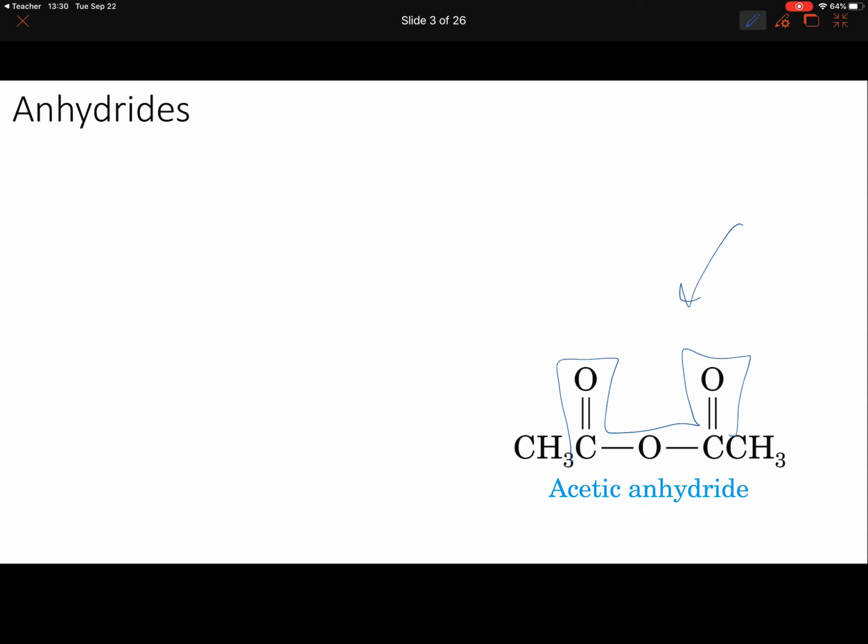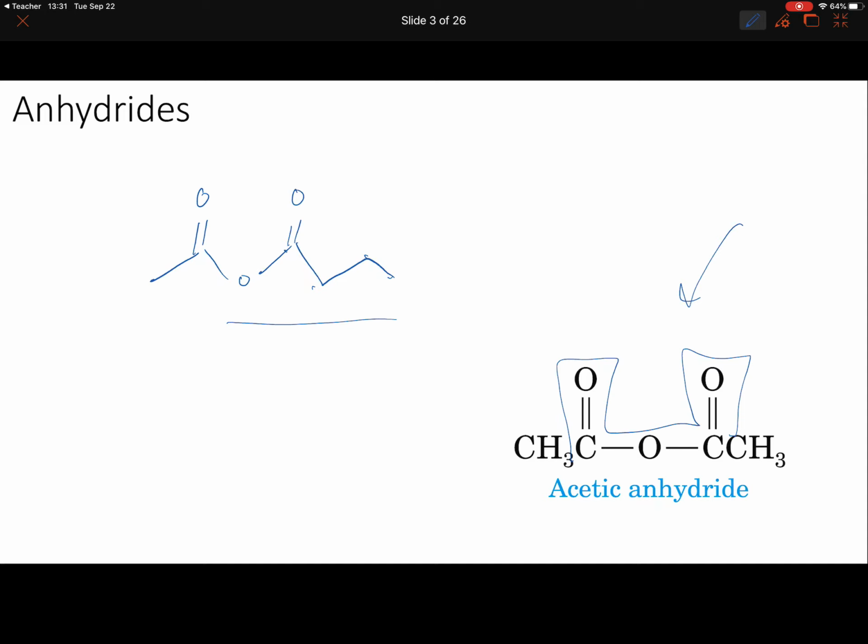We're not going to worry about naming anything more complicated. If you had a carboxylic acid that was unsymmetrical, something like this, you could just take the long end. This would be 1, 2, 3, 4, so butanoic acid, and we would say butanoic anhydride.